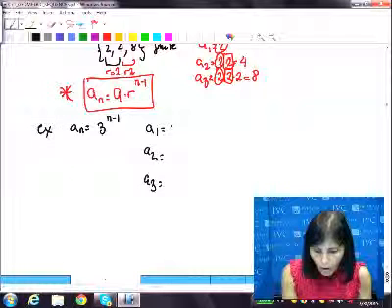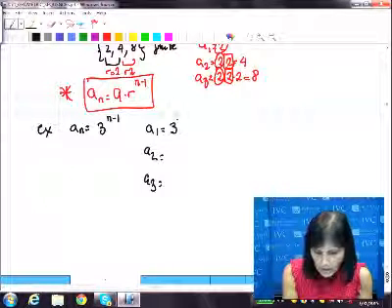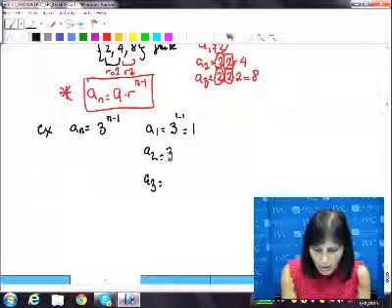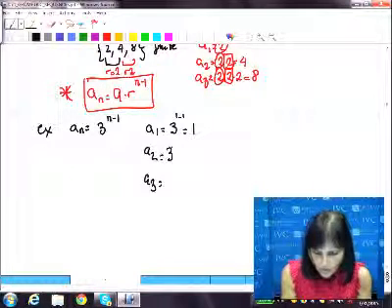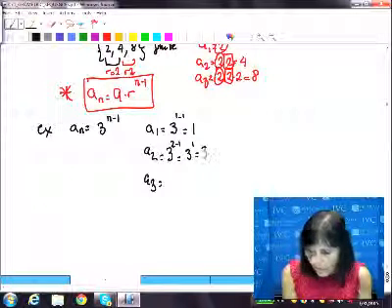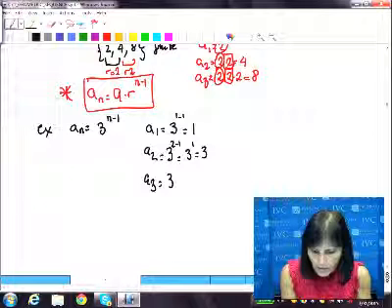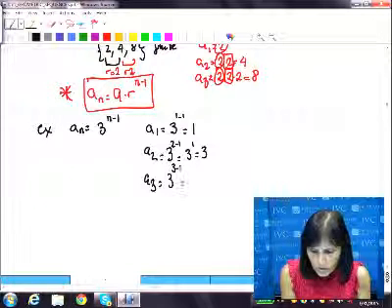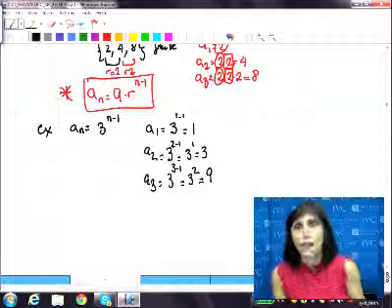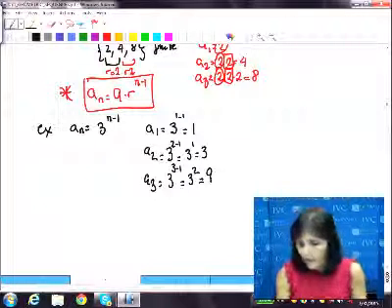For 1 minus 1, 3 to the 0th power is 1. This one is 2 minus 1, so that is 3 to the 1st power, that's 3. And this one is 3 minus 1, and that's 9. You just plug it into the formula and get it.